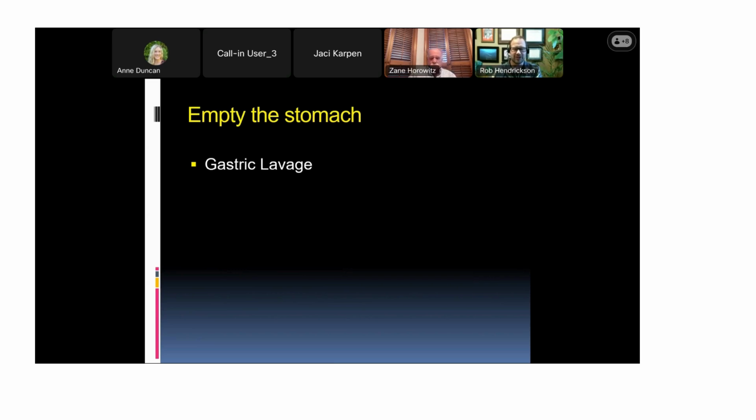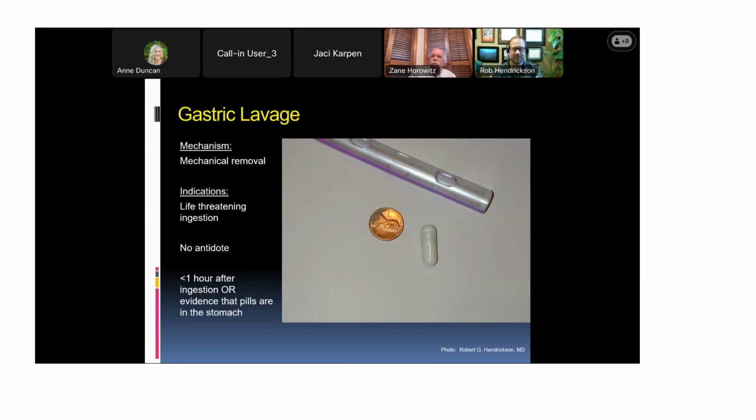Gastric lavage is something we very rarely do. It mechanically removes the toxin from the stomach. The indication is something that is life-threatening, and I think that is the indication most of us are using.